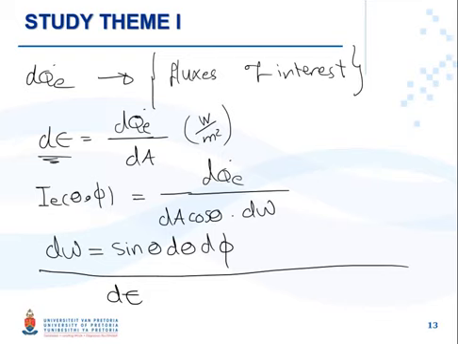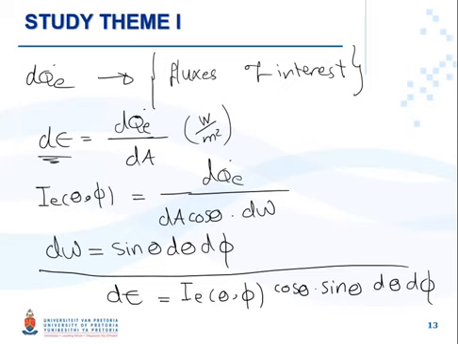So differential emissive power is equal to IE theta and phi cosine theta sine theta d theta d phi. Okay, we have it. It's not rocket science. We just substitute these definitions into the equation.